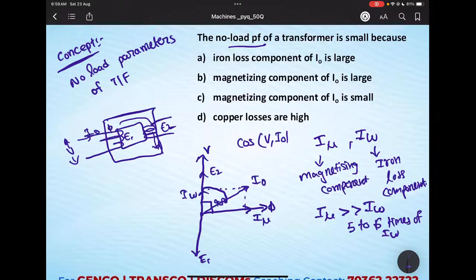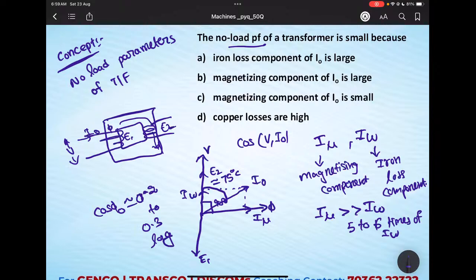What is the angle? It is near about 75 degrees. So the no load power factor cos phi naught will be very less, 0.2 to 0.3 lagging.